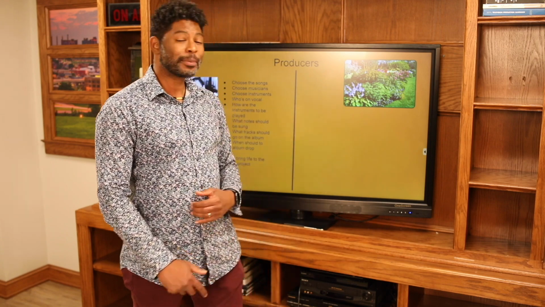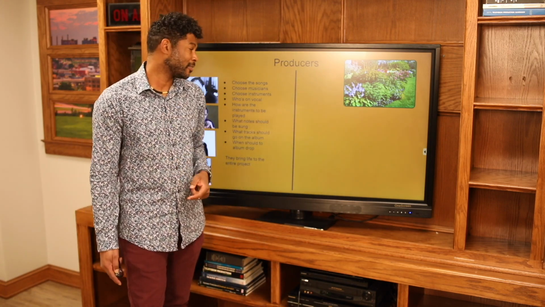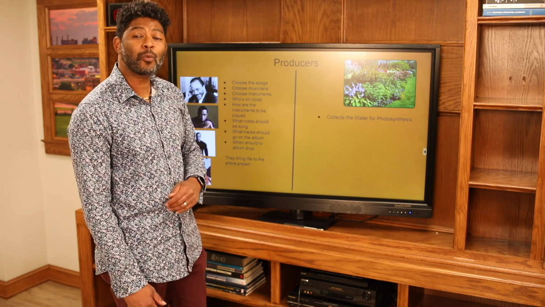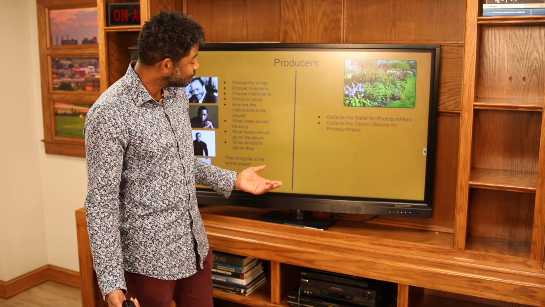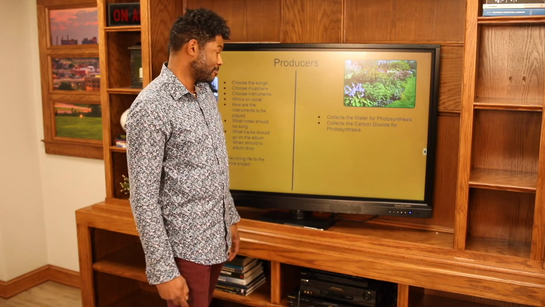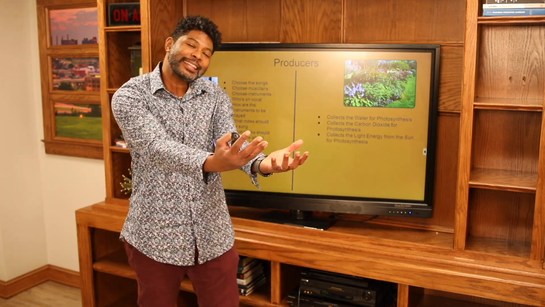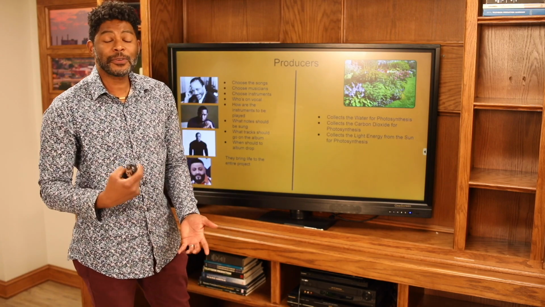Now let's talk about this plant. Producers, what do they do? First of all, they collect water for photosynthesis. Next, they collect carbon dioxide from the atmosphere for photosynthesis. Then they collect light energy from the sun for photosynthesis.